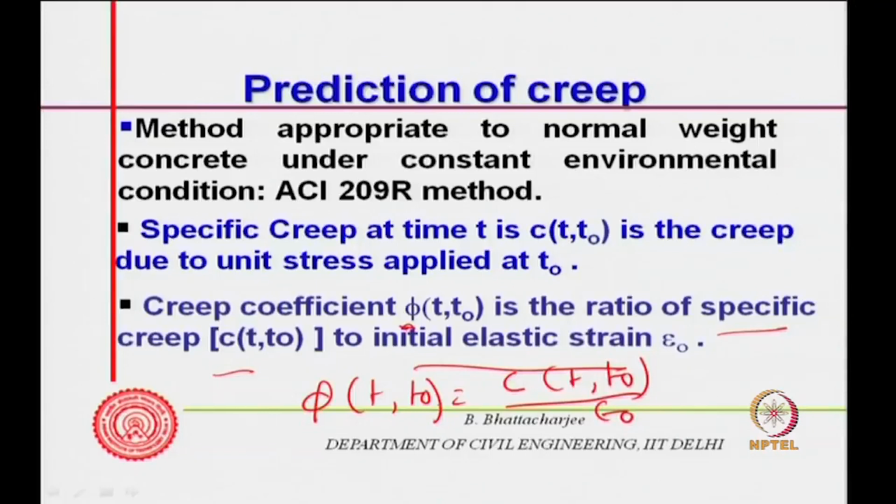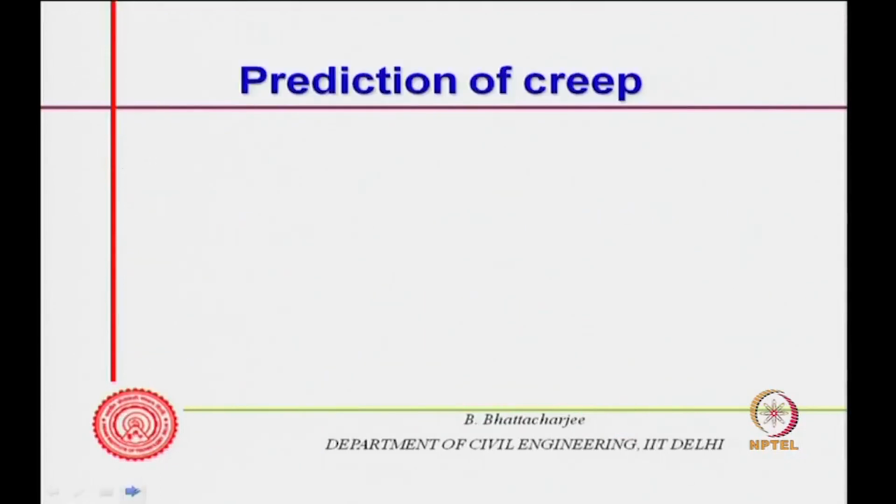So, the creep coefficient is the ratio of specific creep, for unit load, to the initial elastic strain. If you want to find the creep, the creep coefficient multiplied by the elastic strain epsilon 0 will give me the specific creep.